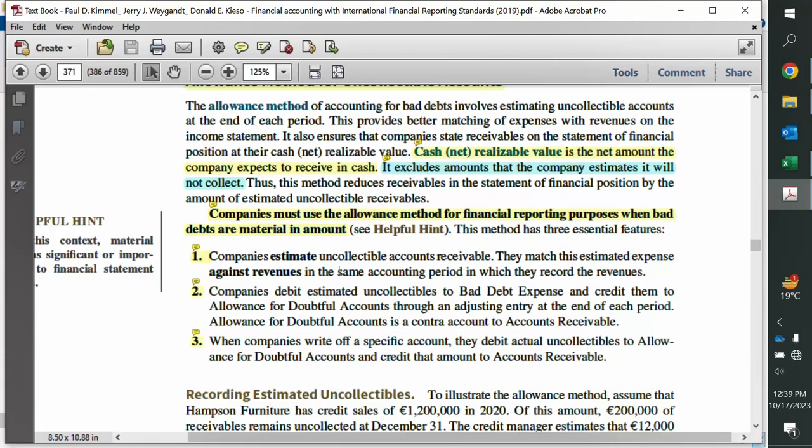So companies estimate uncollectible account receivable, number one, in the same period in which the revenue is recorded. So if the sales belong to year 2002 and accounts receivable have been debited in year 2002, then towards the end of the year 2002, we have to calculate the estimated bad debts against those sales which have been made in this year.